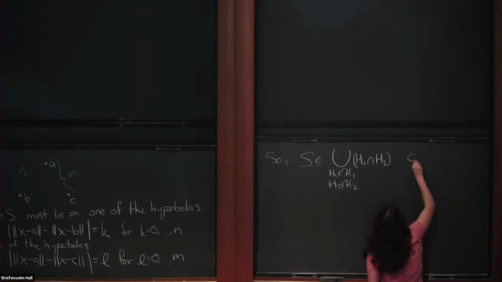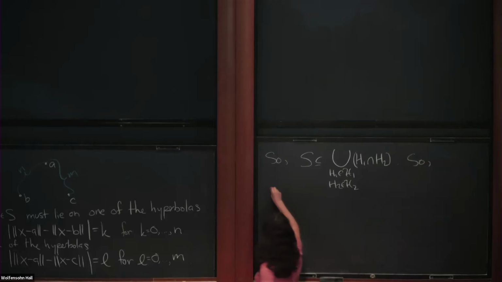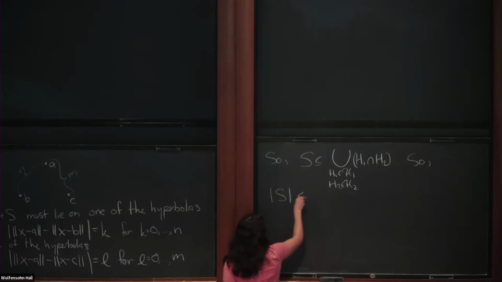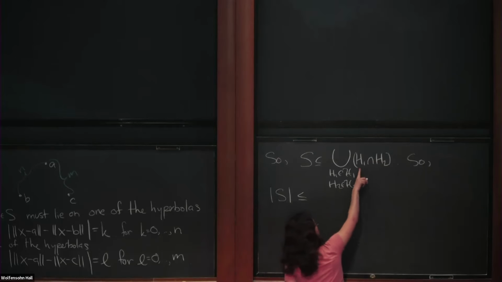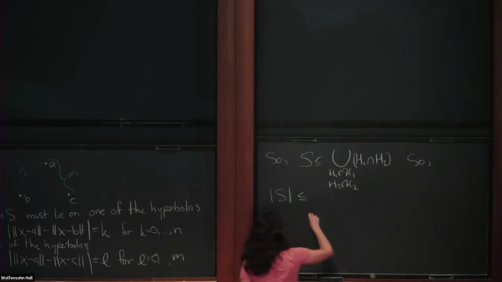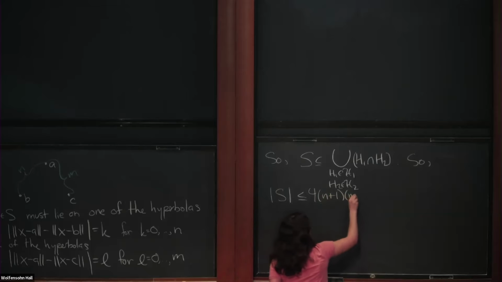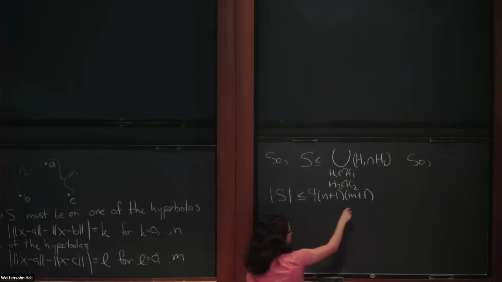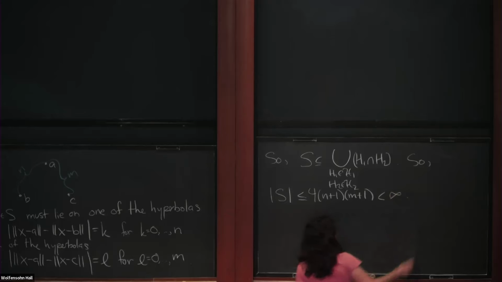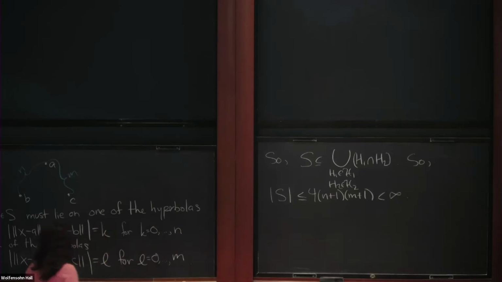And so S must have size at most 4, which is the largest possible size of this intersection, times the number of hyperbolas in H1 and the number in H2. The important point being that this is finite. So that's how you prove that there are no infinite non-collinear integer distance sets.